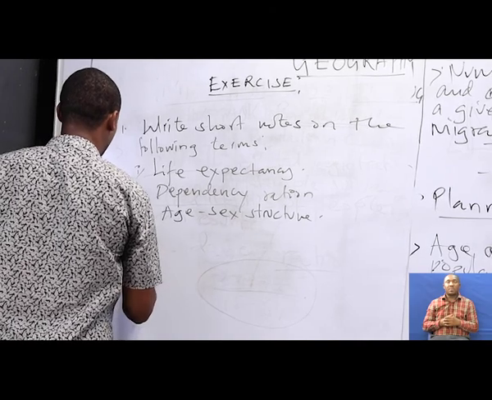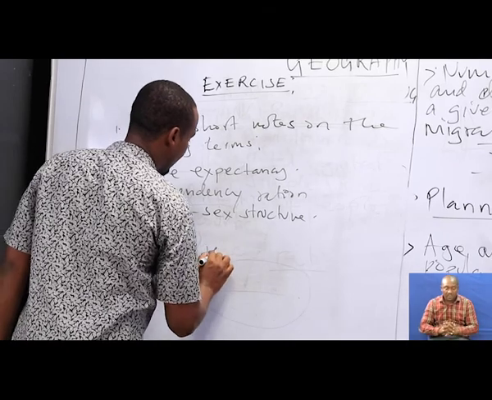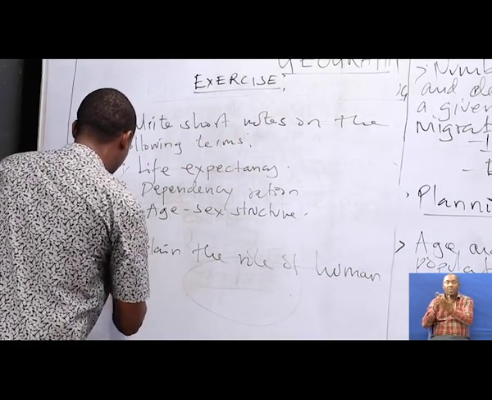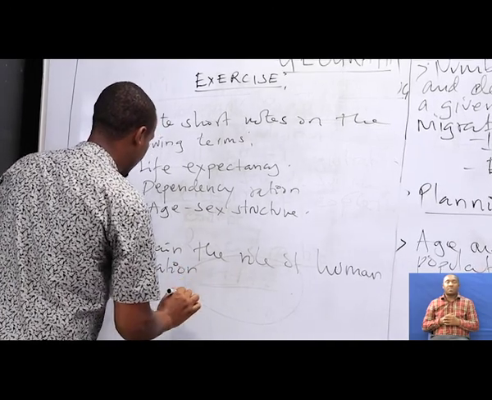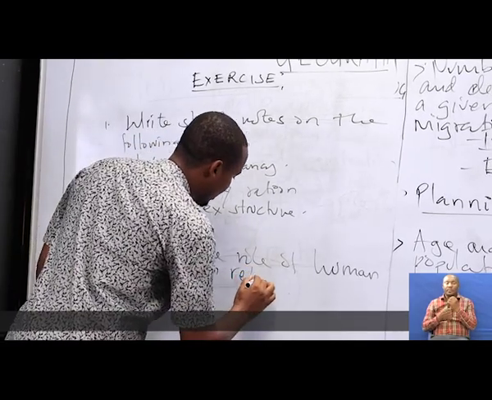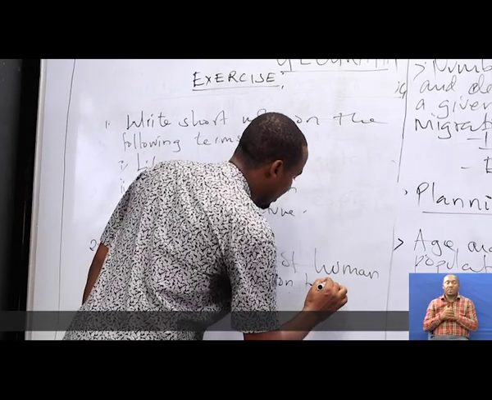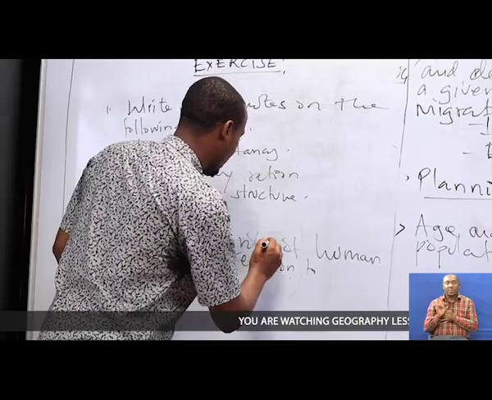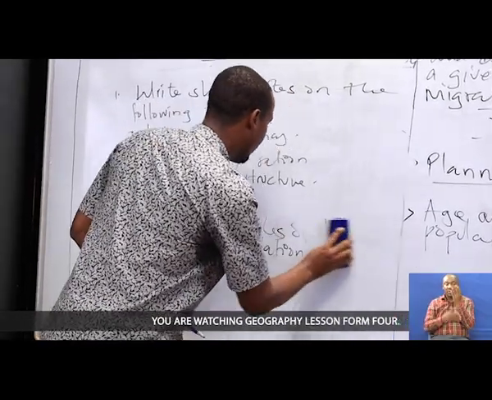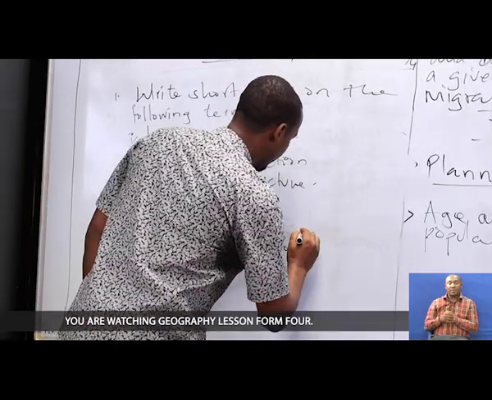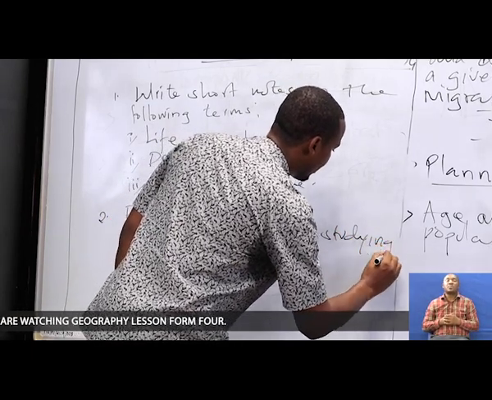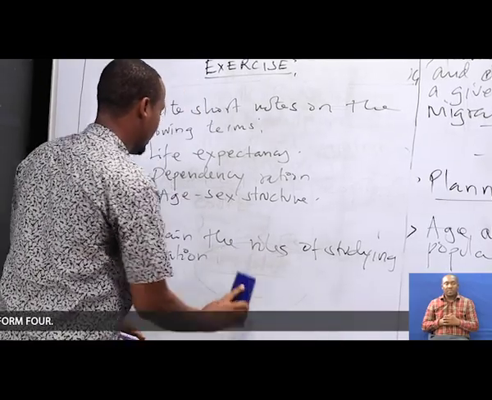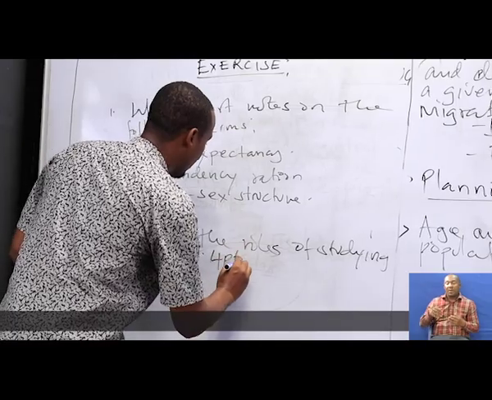Then the second, explain the roles of studying human population. Here, the points are four points.